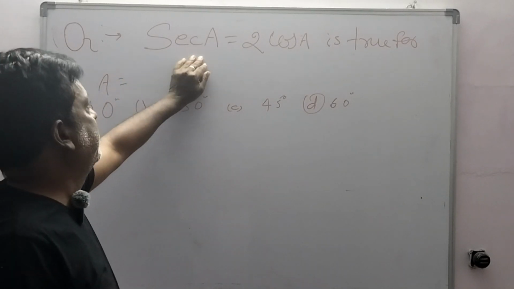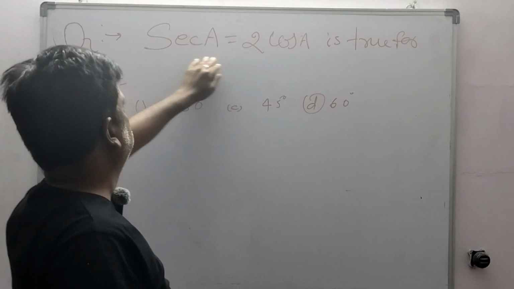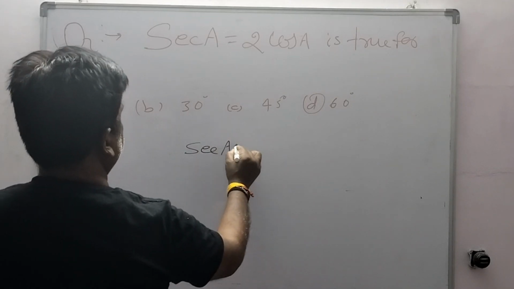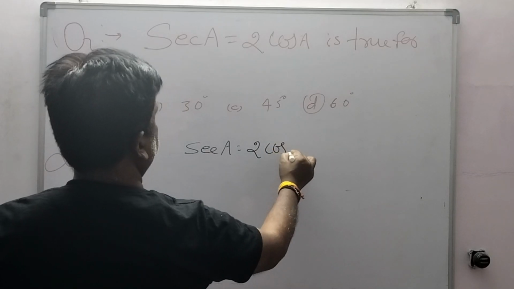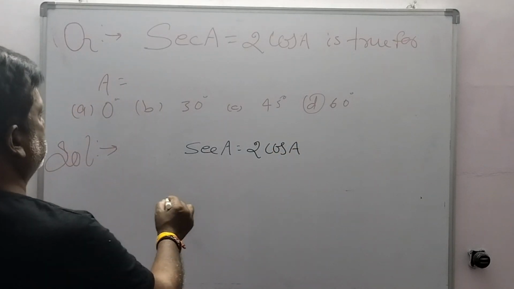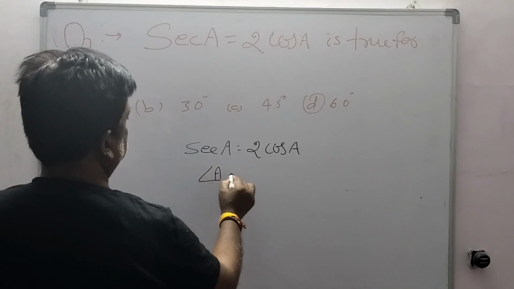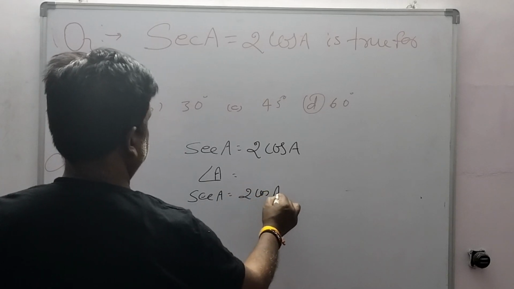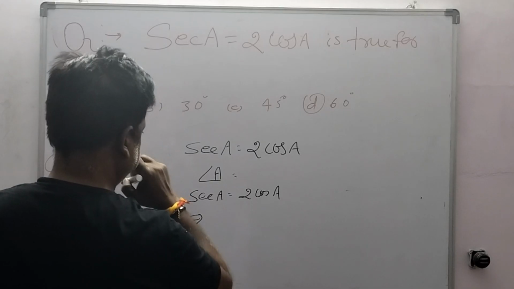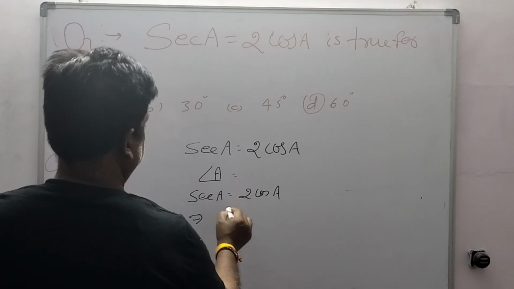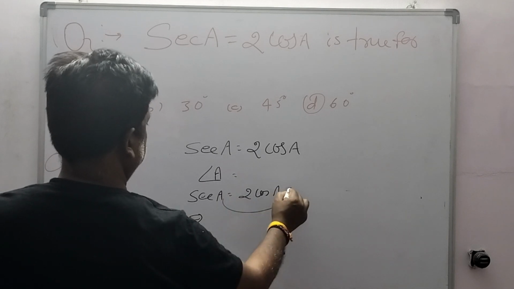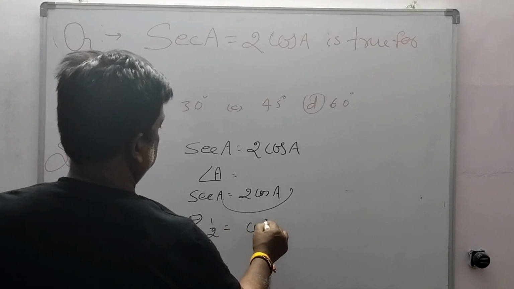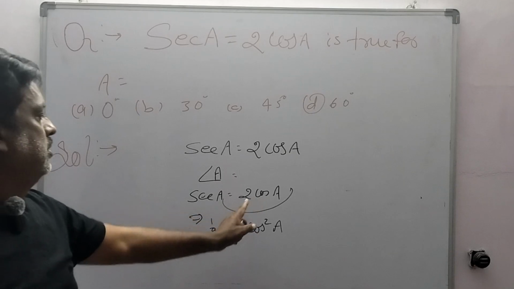Next question: given sec A equal to 2 cos A, we have to find the value of angle A. So sec A equals 2 cos A, that means we shift this value, then 1 by 2 equals cos square A. This relation derives this value.